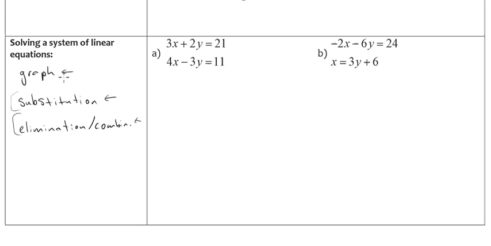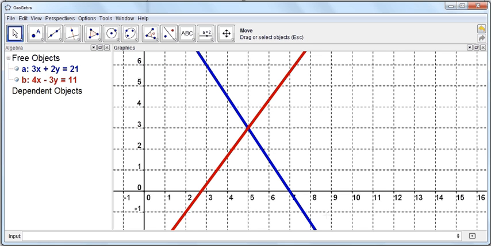I did go ahead and graph this first one. So 3x plus 2y equals 12, and 4x minus 3y equals 11. I did go ahead and graph those on GeoGebra. The blue one is 3x plus 2y equals 12, so it's right here, and then the red one is 4x minus 3y equals 11 right here, and you can see pretty clearly that they intersect right at 5, 3.